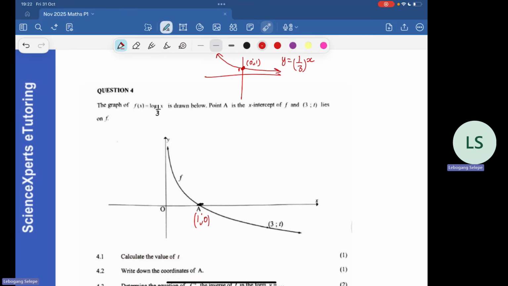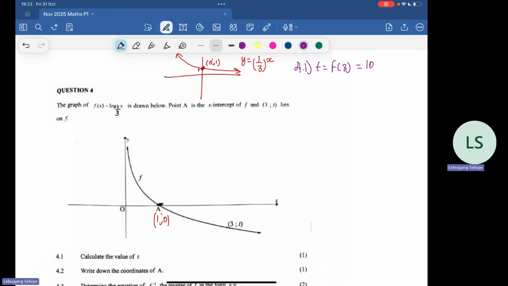Calculate the value of t, 4.1. Let me use a different color instead of black. Let's try purple. 4.1, calculate the value of t. So t is equal to f of 3, which is going to be equal to log 3 base 1 over 3.